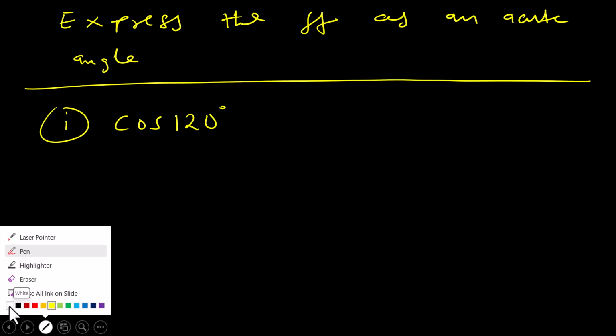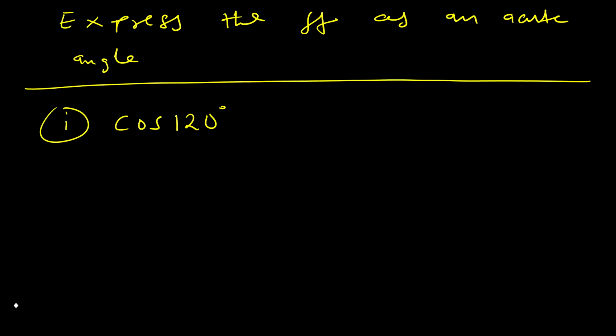Before we tackle this question, ask yourself, what is an acute angle? An acute angle is an angle less than 90 degrees.